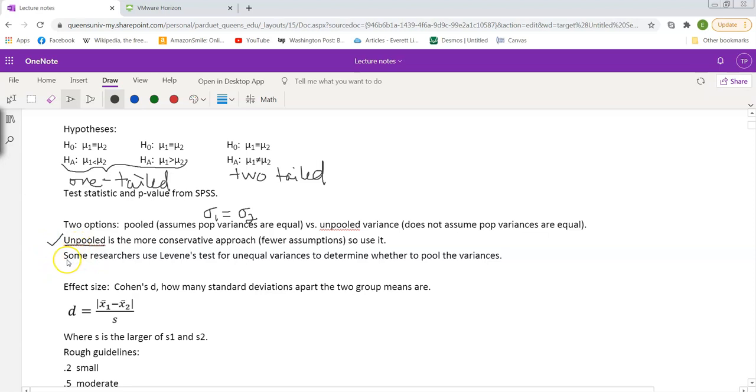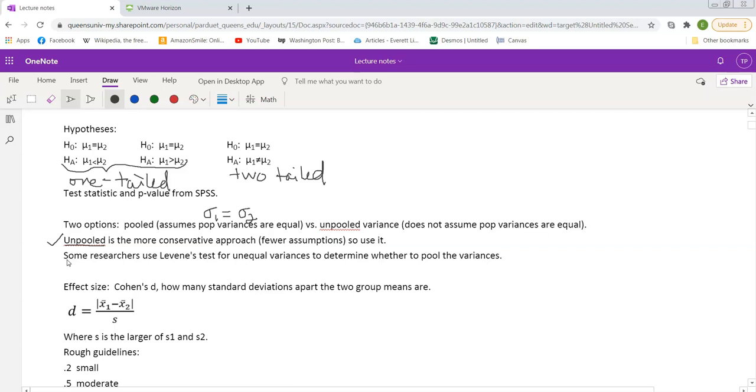Okay. Some researchers use a test, which you'll see on your SPSS output, to determine whether there are unequal variances, and then they'll use that to determine whether to use pooled or unpooled. That's not a good idea for multiple reasons.